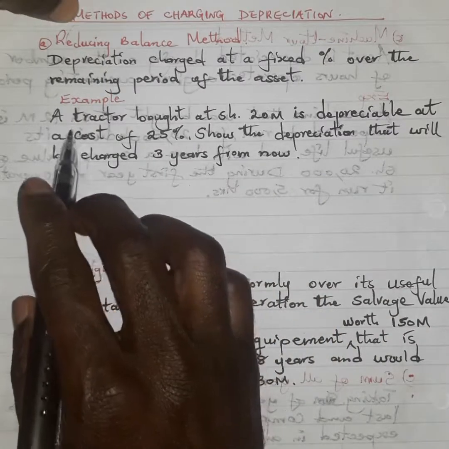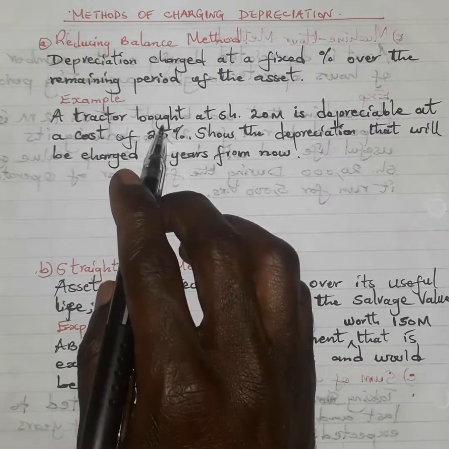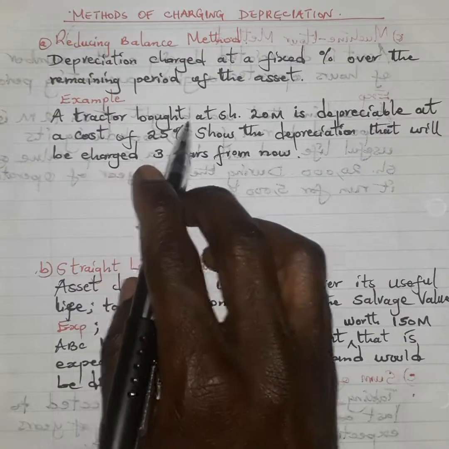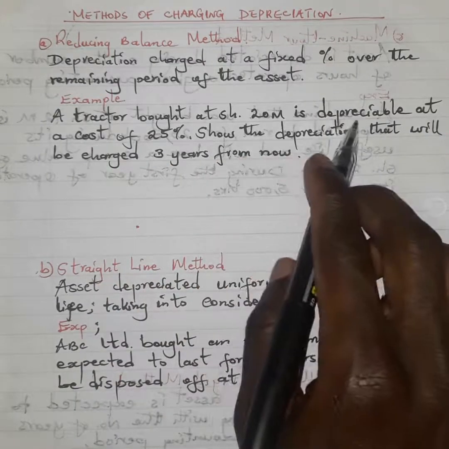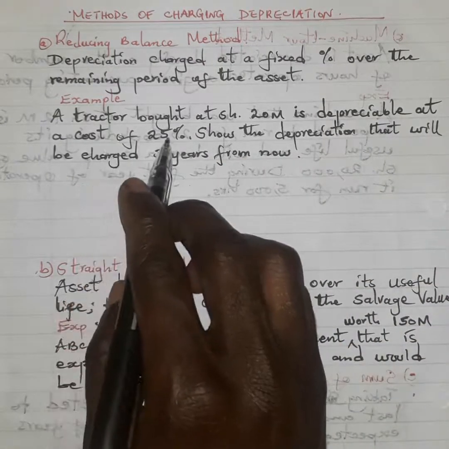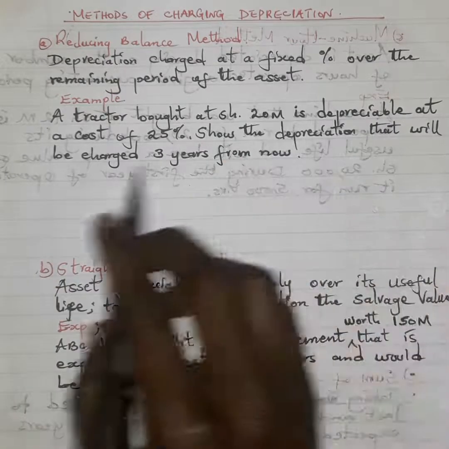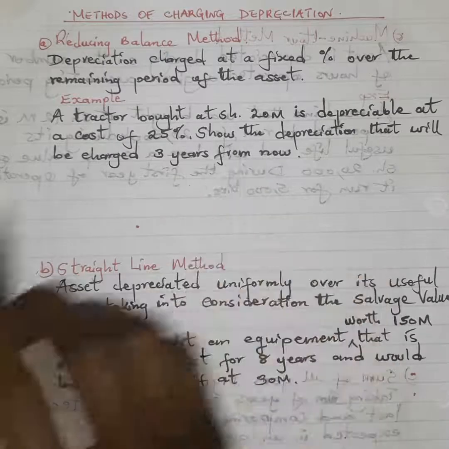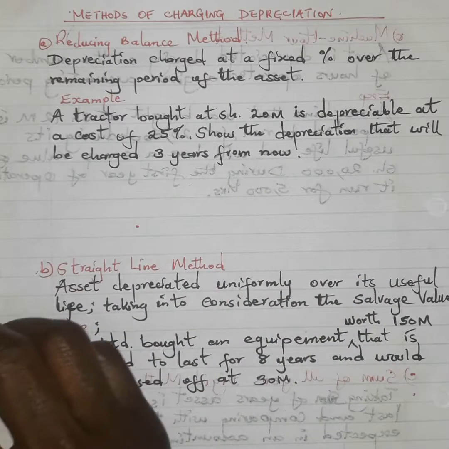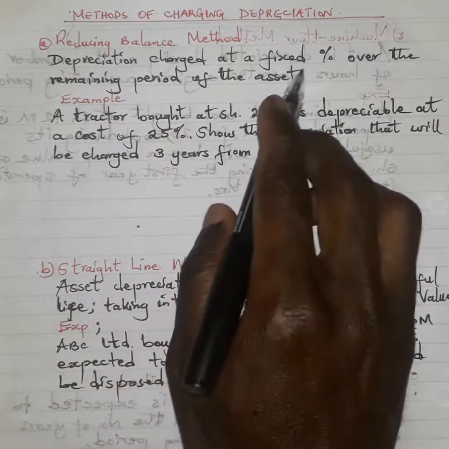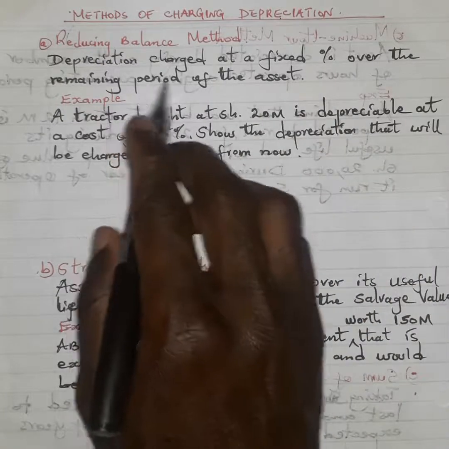And the question states, a tractor, in this case the asset, bought at 20 million is depreciable at a rate of 25%. Show the depreciation that will be charged 3 years from now. So we are charging depreciation at a fixed percentage over the remaining period.